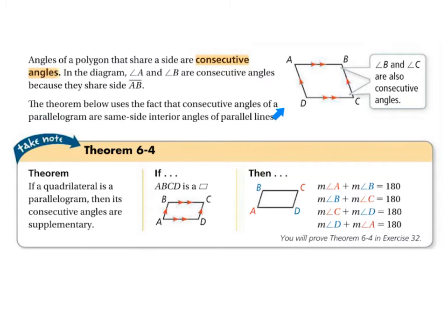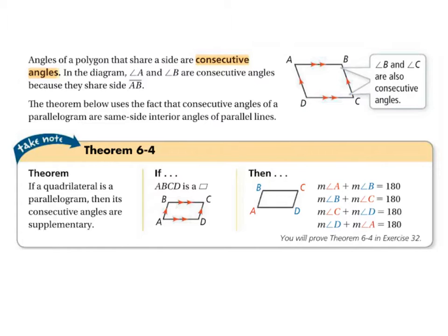Now, the theorem below uses the fact that consecutive angles of a parallelogram are same side interior angles. Like if you have angles A and B, let's say here, what we've got is two parallel lines, AD and BC, they're marked, cut by a transversal. This transversal is AB, and so these are same side interior angles. And what do we know about same side interior angles when the lines are parallel?